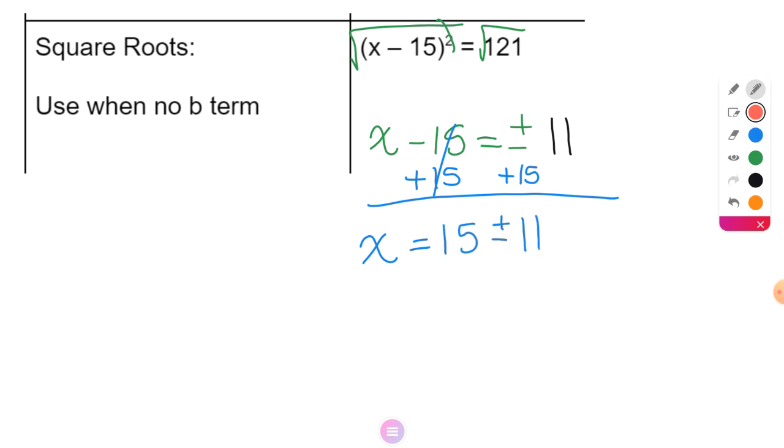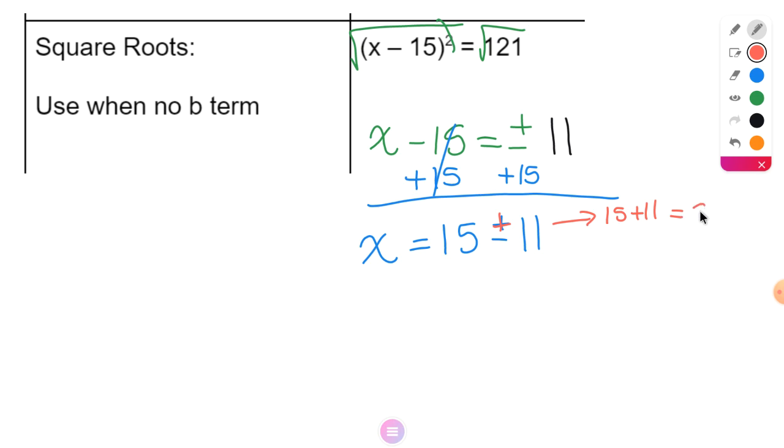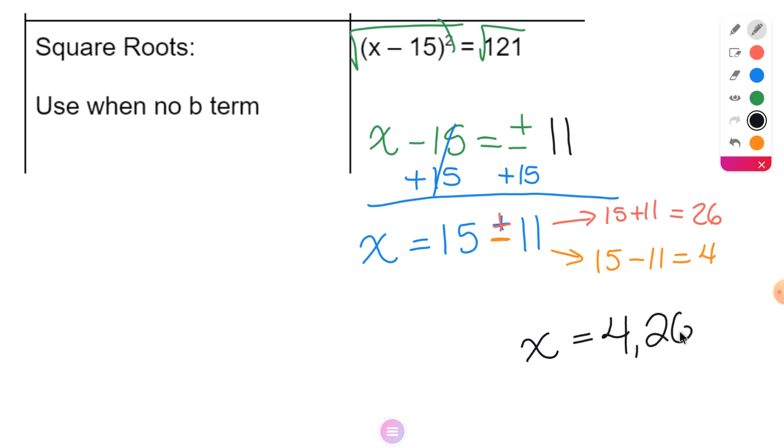Now this says 15 plus 11, which is 26. And this also says 15 minus 11, which is 4. So my two answers are 4 and 26. All right, 2 down, 2 to go.